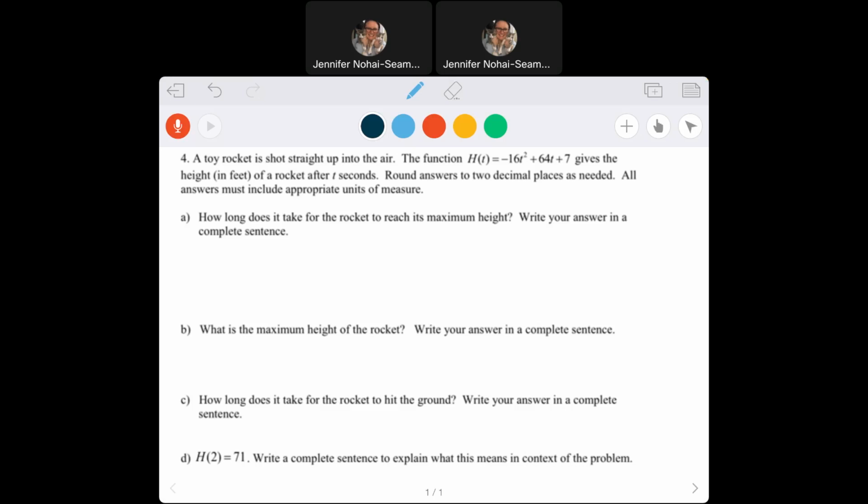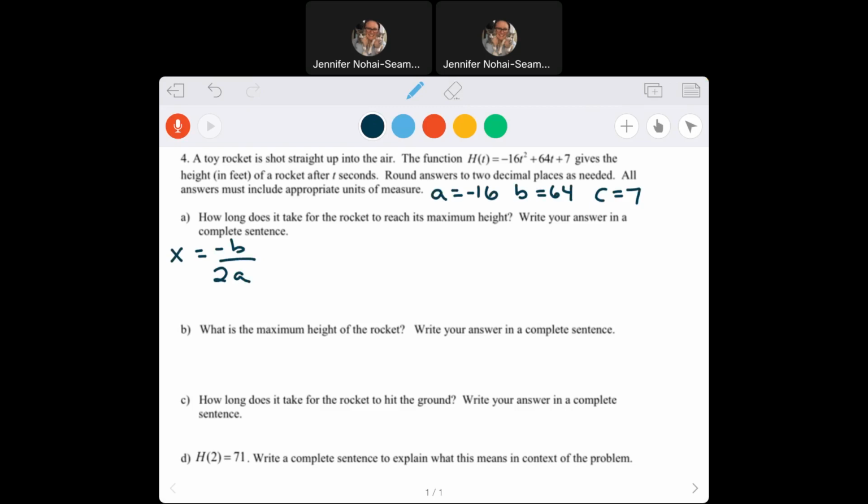The formula for that is x equals -b over 2a. Just to identify our a, b, and c from our original equation, a is -16, that's the coefficient of the first term, b is 64, and c is 7.